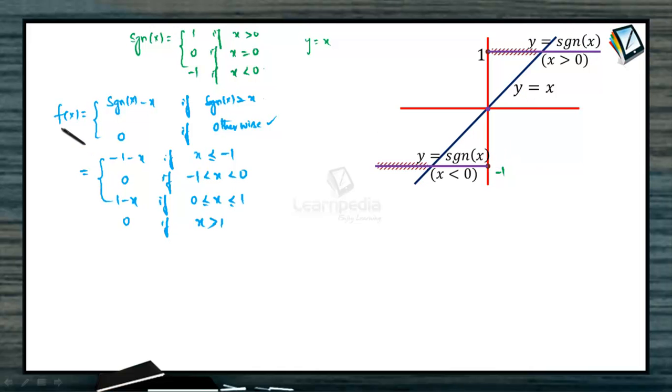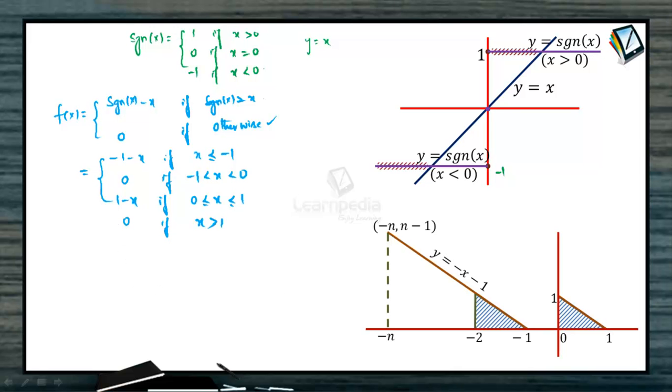Then for this function y equal to f of x, how will the graph look? Yes, below minus 1 it's the line y equal to minus 1 minus x. So if we plot the graph, it would be along this line up to minus 1, and after minus 1 it would be 0, but again between 0 and 1 it would be the line y equal to 1 minus x, and after 1 the graph would be along the 0 line.